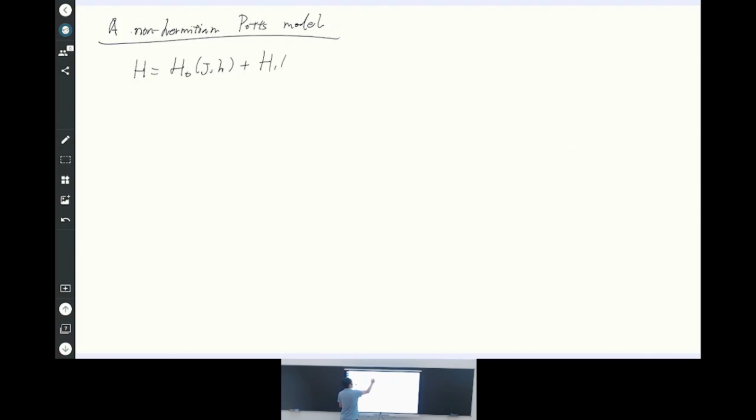So next, I would like to share with you our model. We call this the non-Hermitian Potts model. This model in general contains two terms, H0 plus H1. And H0 is the original Potts model. We already wrote it down.